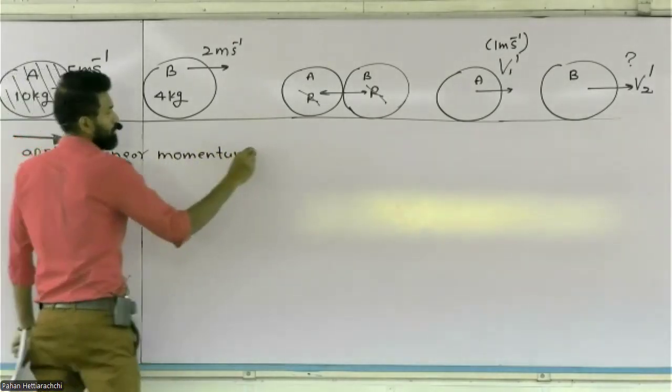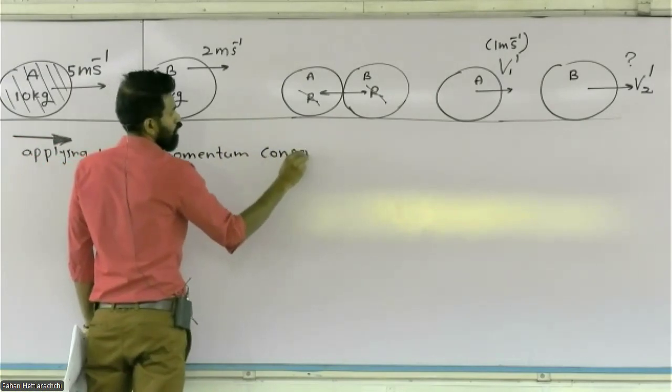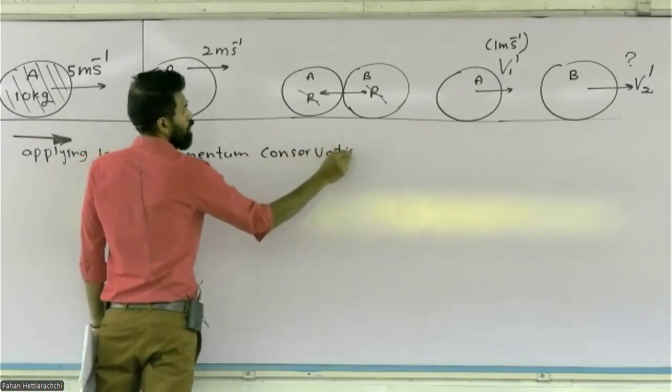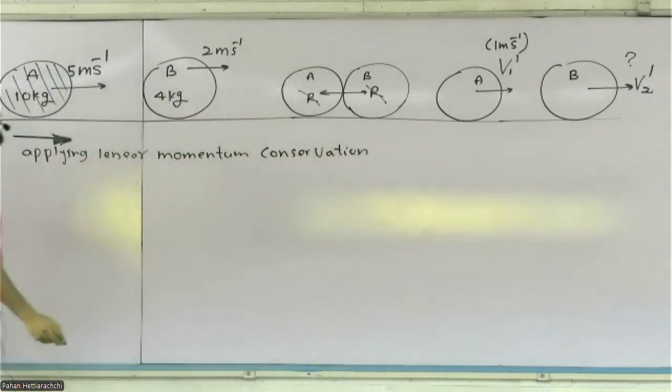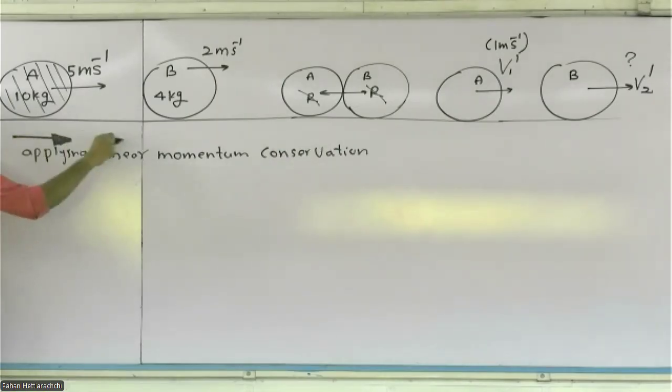And from the arrow, you can say the direction that you are applying. I'm going to apply the linear momentum conservation horizontally to the forward direction, to the right. I can denote it by this arrow.